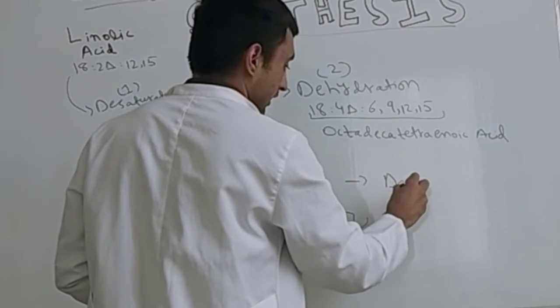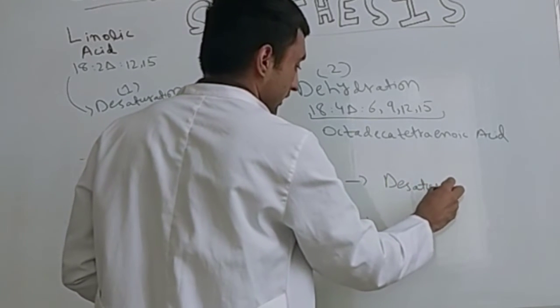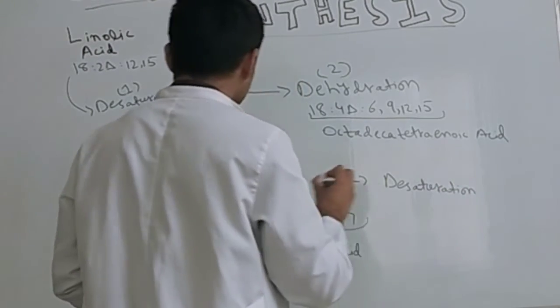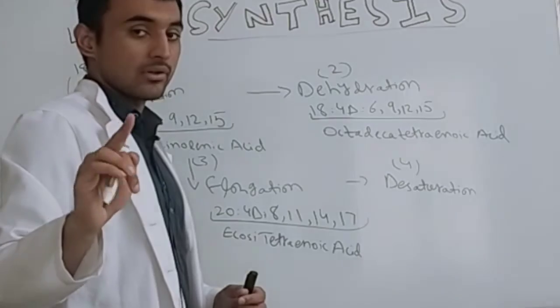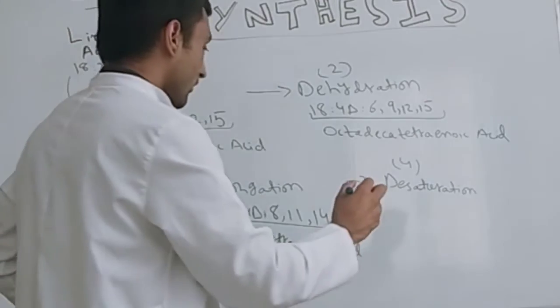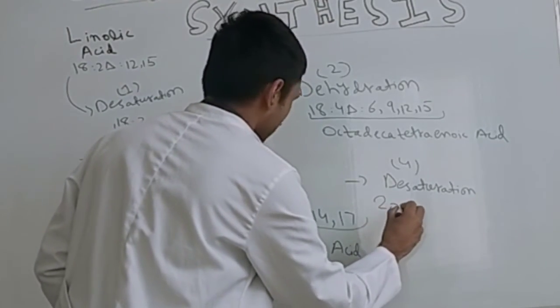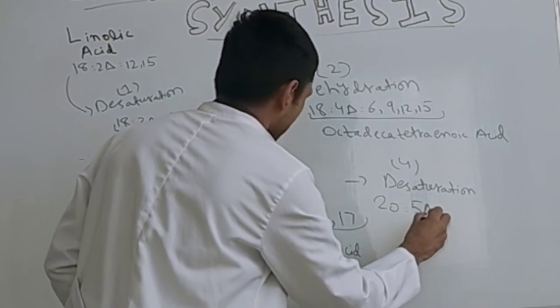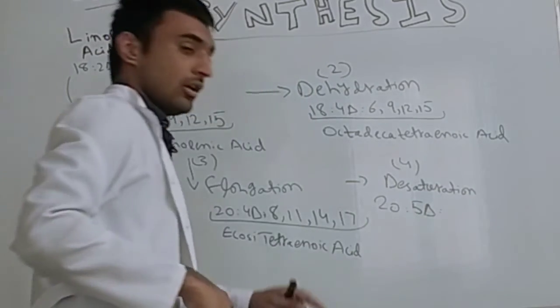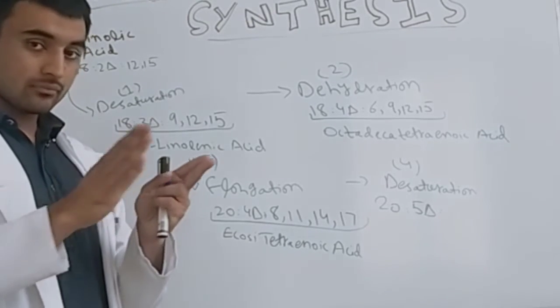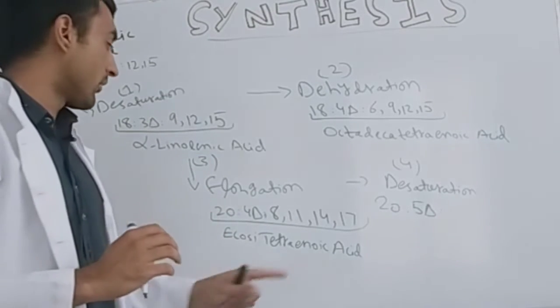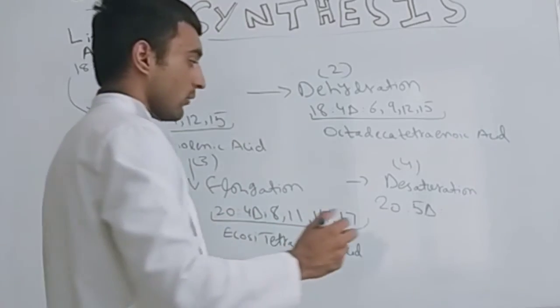In the desaturation phase, which is the fourth, again the addition of a double bond would occur, but the number of carbon atoms would remain the same. So 20, then 5 double bonds, and again we will skip 2 digits backward and write that number. So 8, 7, 6, now we will write 5.